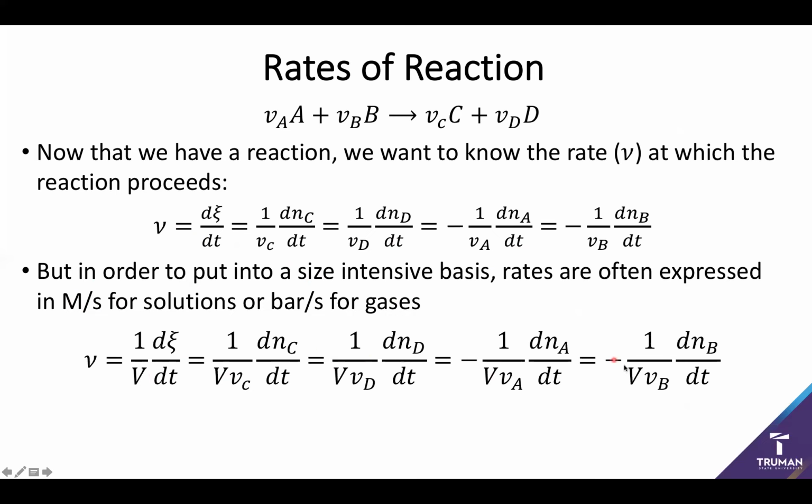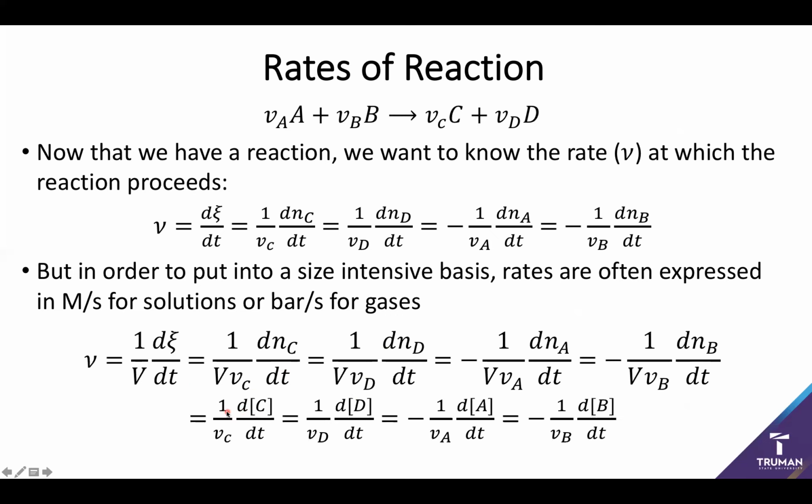So this volume term will be consistent for the whole system, which is going to help express the system, and also makes it so that I can relate the change in the number of moles of C, D, A, or B with volume as simply the change in concentration.